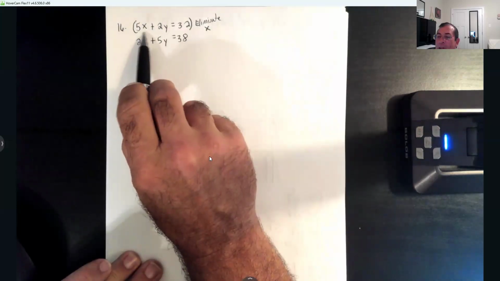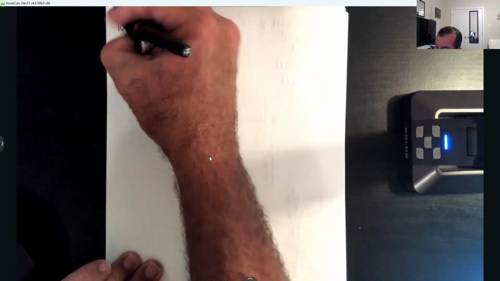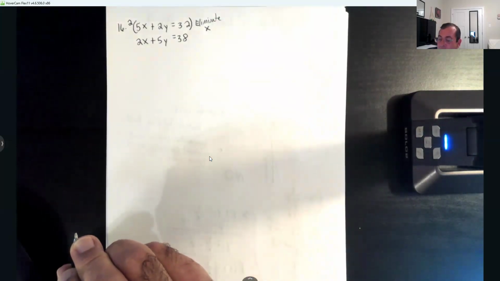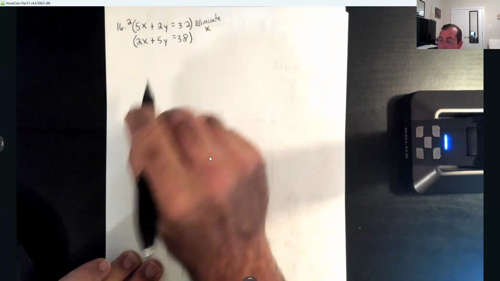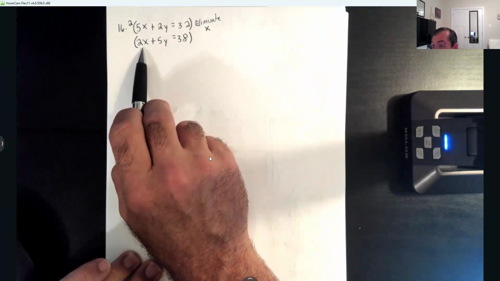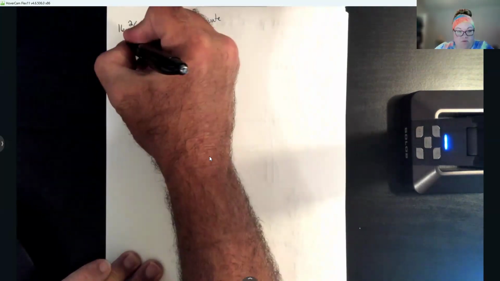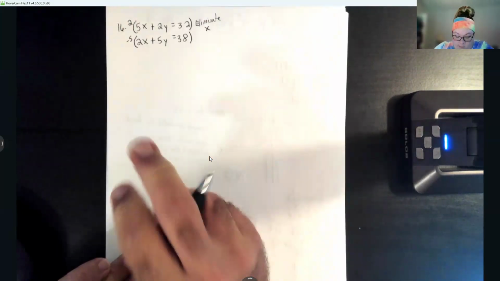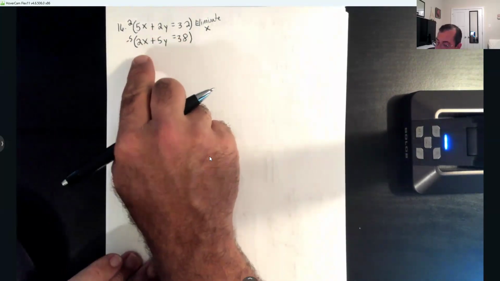If I want to make the first row have a positive 10x, I'm going to multiply this whole row by a 2. Now, y'all, let me ask this: if I want to make the x's on the second row equal a negative 10x, what are you multiplying this row by? -5. So we have to change both rows in order to cancel something.